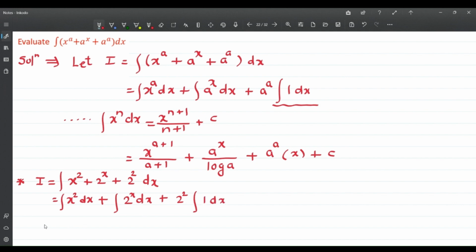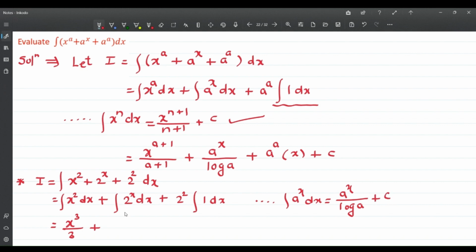Now we apply the formula x raised to n dx. For x raised to 2, x raised to 2 plus 1 means x cube divided by n plus 1, that is 3, plus. For 2 raised to x, which formula do we use? The formula for a raised to x dx is a raised to x divided by log a plus c.